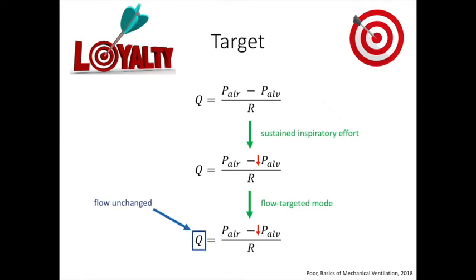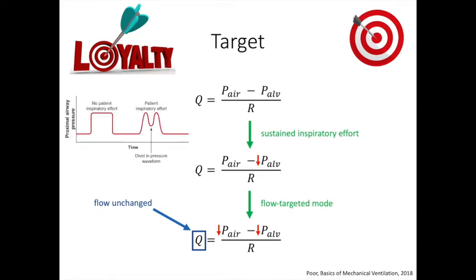The ventilator is loyal to our instructions that flow is set. Because flow is unchanged and alveolar pressure has now dropped, the airway pressure now must drop. And we can see this on the pressure waveforms, where divots can appear in the pressure waveform when the patient makes an inspiratory effort.